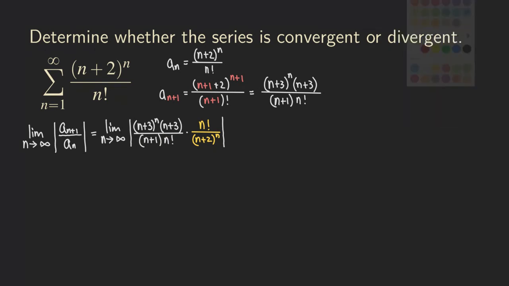So we are going to get the limit as n approaches infinity of n plus 3 times n plus 3 to the n power, I just switched the two factors, and then we have n plus 1 in the denominator, and the n plus 2 to the n power.